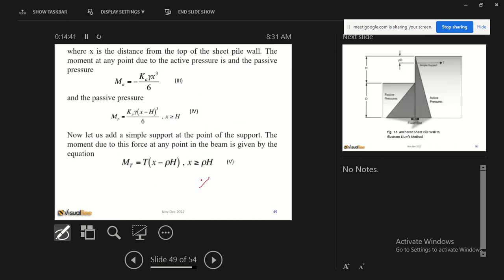Of course, here we are saying x is greater than H.